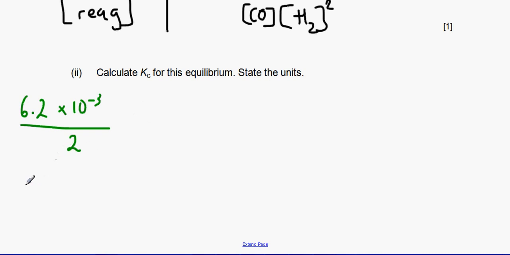So that will give us our answer of 3.1. Well, okay, let's put the 0. Let's be accurate. 3.10 times 10 to the minus 3 moles per decimeter cubed.